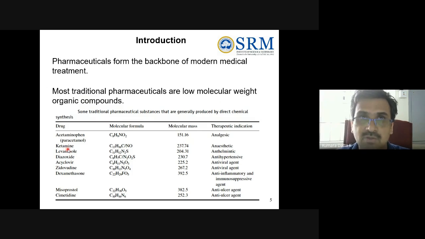As one of you pointed out, it can be used as a painkiller, an analgesic, and some drugs like ketamine are used as anesthetics. We also have anti-hypertensive, antiviral, anti-inflammatory and anti-ulcer drugs. So it's not that all molecules reduce fever or pain; it depends on the type of problem. If you have an ulcer, what we should take is an anti-ulcer drug.